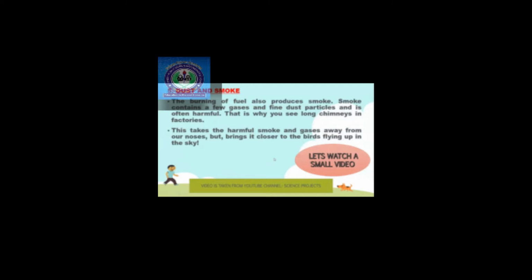Now let us come to the next, which is dust and smoke. So fourth was carbon dioxide, fifth is dust and smoke. What does dust and smoke mean? You have already seen, a lot of fuel is burning, a lot of smoke comes out. Because of that, we are having air pollution.